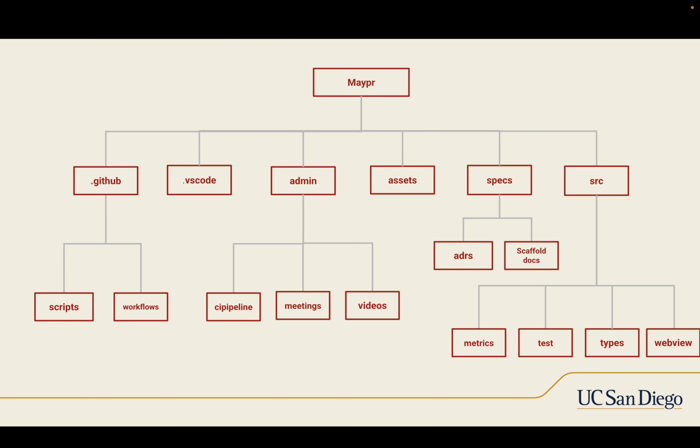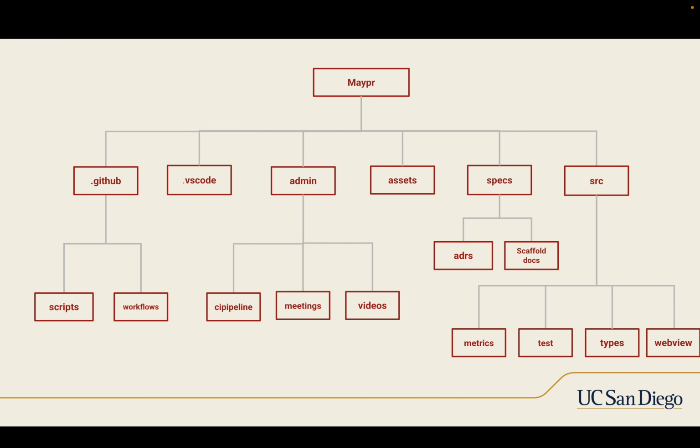The specs folder contains ADRs, research notes, and scaffold documents that were created during the brainstorming part of the application. The most important folder is src, which is the heart of this application. It contains the full extension implementation, the metrics engine, analysis logic, web view UI, tests, all the type definitions, and key entry files like extension.ts and relationshipAnalyzer.